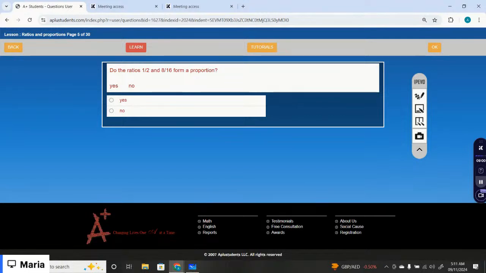Do the ratios 1 by 8 and 8 by 16 form a proportion? The correct option is yes, they form a proportion. Okay, you can complete the lesson by yourself later today. Let me just move on to the next lesson.